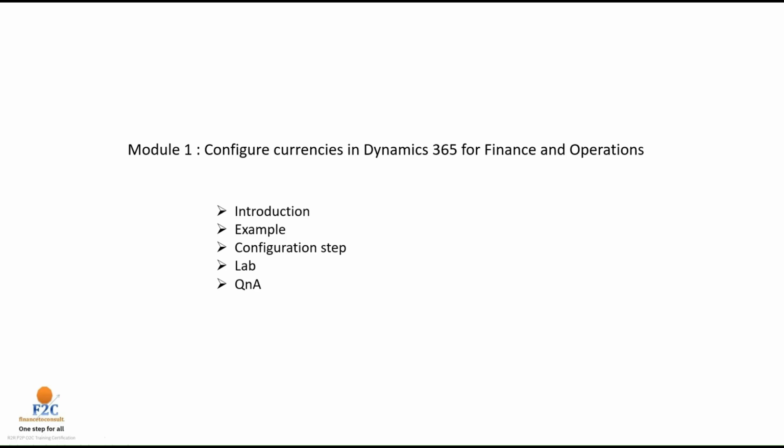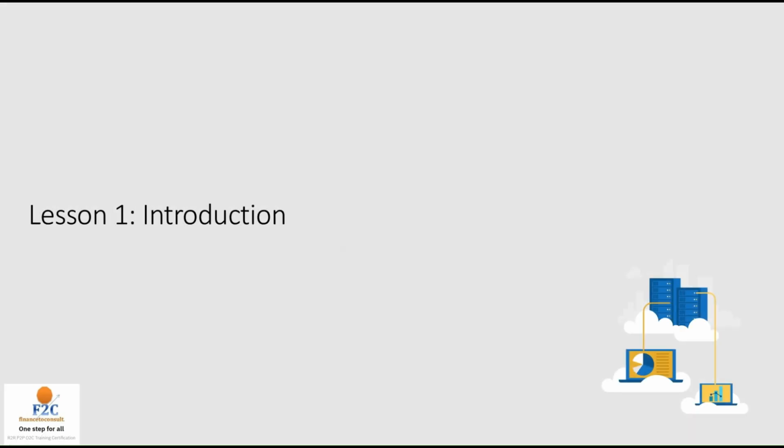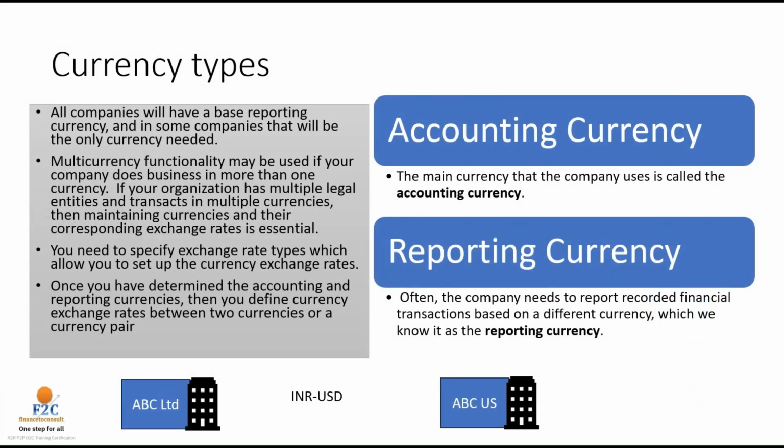When we talk about currencies, a currency is something in which I do my transactions, or in which I record those transactions. In which currency do you record it, right? We have classified two types of currency: accounting currency and reporting currency.